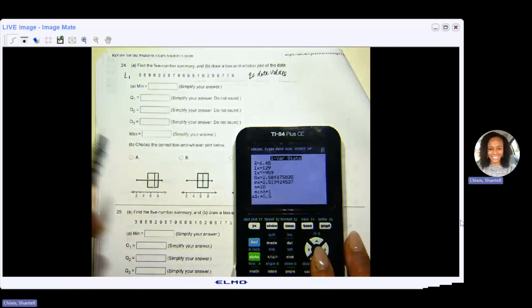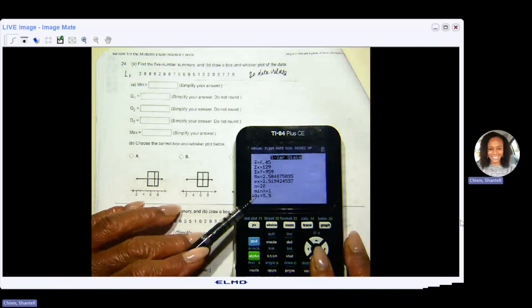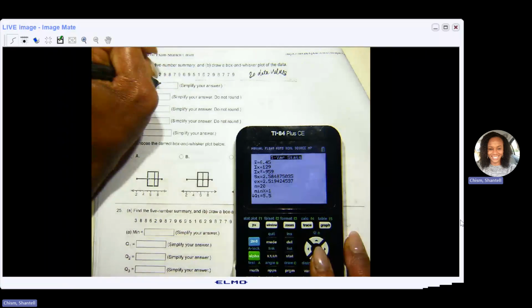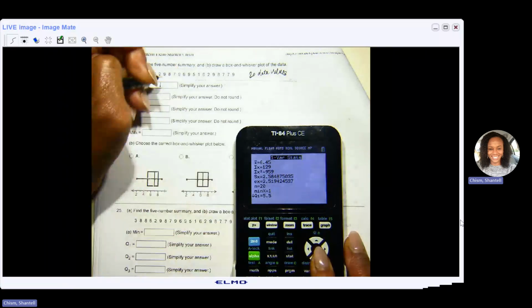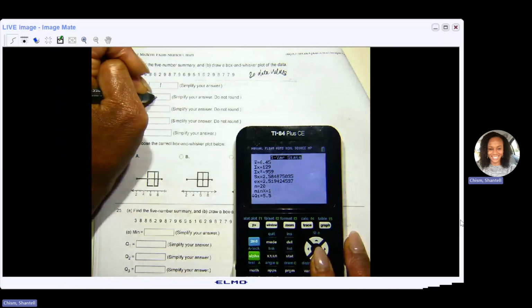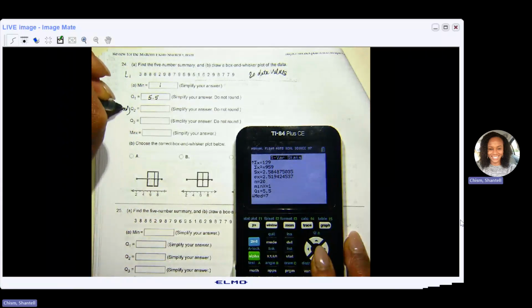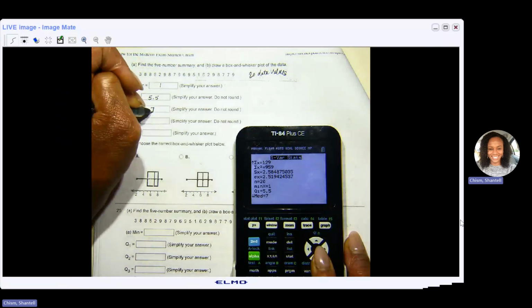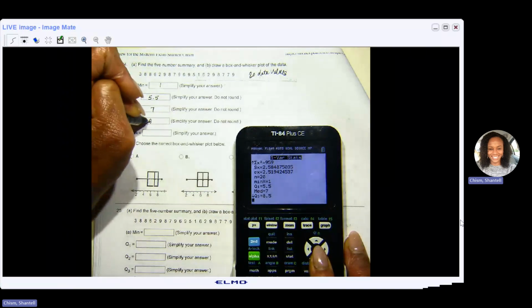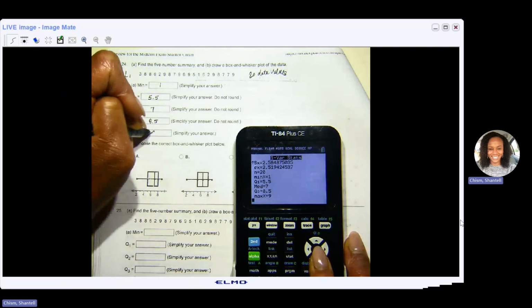The minimum data value is 1. I see Q1 is 5.5. You do not round these, okay? Keep it exact. Q2, which is the median, is 7. Q3 is 8.5, and then the max is 9.